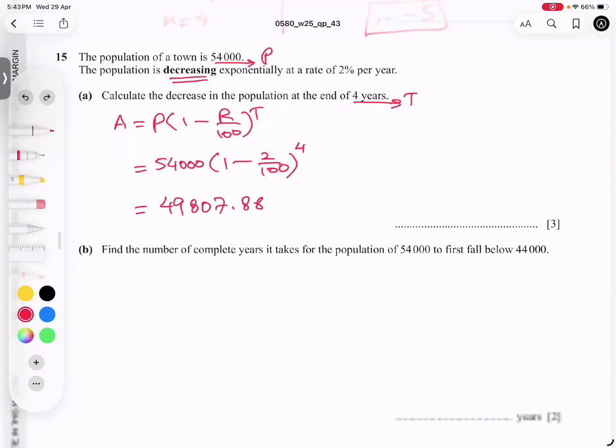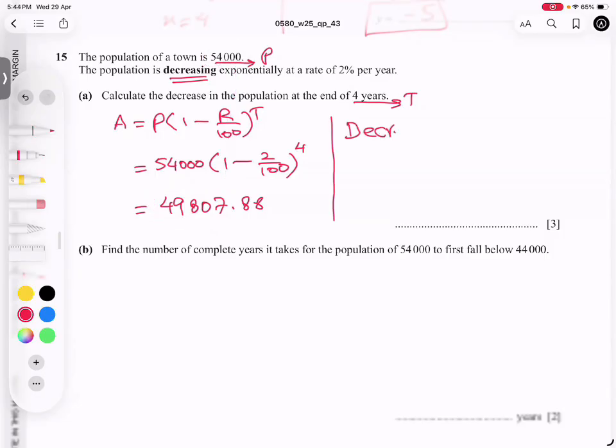If he asks you the population after 4 years, then it is our final answer. But he is asking the decrease, how much it decreased from the top one. So from here, this is the original population, and this is the population after 4 years. And how much decrease from this to this? So we have to find the decrease.